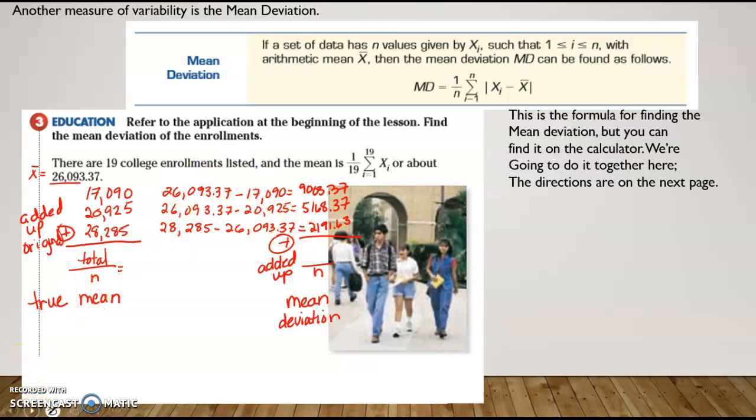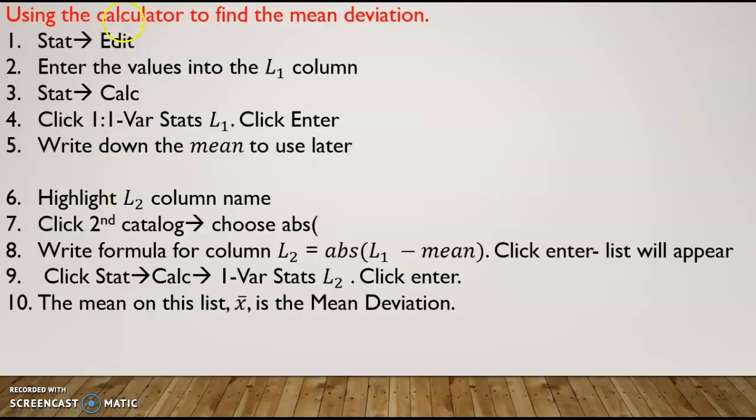Now, there is a way to do it on the calculator, and we have done that before. So don't forget these. The first thing you had was STAT, Edit, and you enter the values into the L1 column, which we did. And you have STAT, CALC. Click 1, which is One Variable Stats. L1, because this is where you're getting your data. Click enter. And then write down your mean to use later, which in this case was 26,093.37.